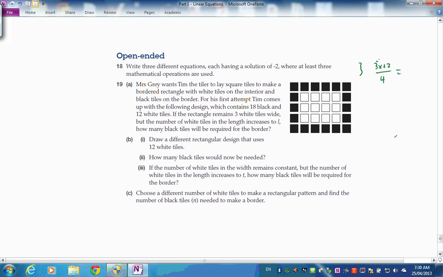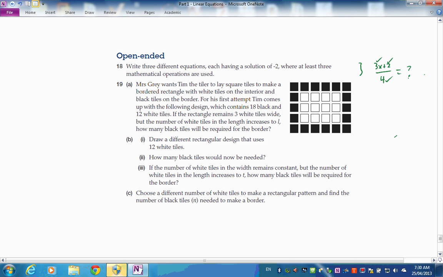So 3 processes. 1 being times by 3, 2 being added, and dividing by 4. So that's what they're talking about. Not just very simple ones, but at least 3 processes and 3 different ones. You might like to use this. If this had a solution of negative 2 for x, what would that equation be? And write some more like that.